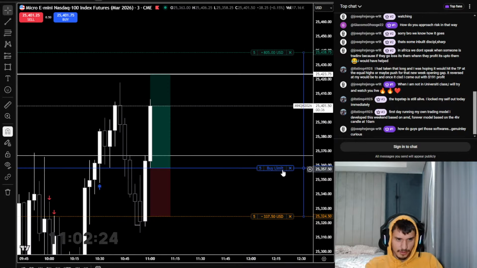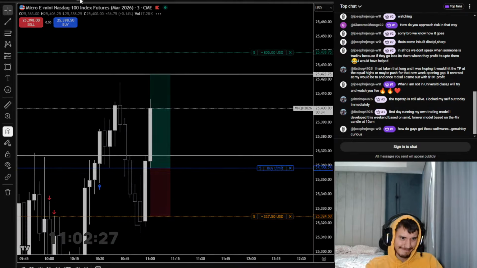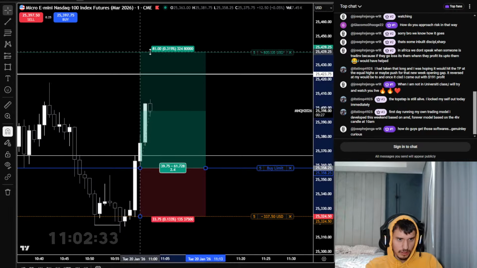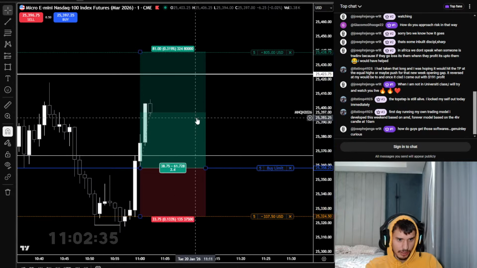Strong 11 a.m. candle, and we're already pumping. Deep within the range, deep within our trade idea.